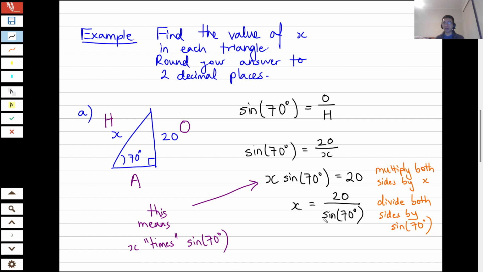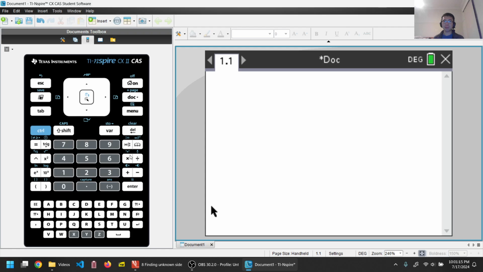And you'll notice we're actually done now because we have x equals some number. I'm now at a stage where I can type something into the calculator and it's going to give me an answer. So grab your calculator out. We're going to find 20 divided by sine 70.